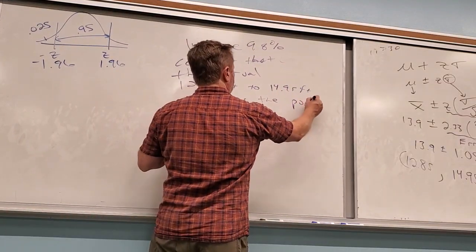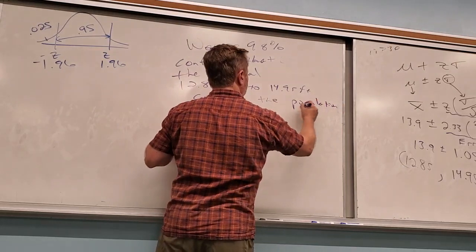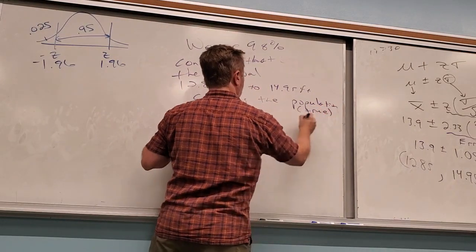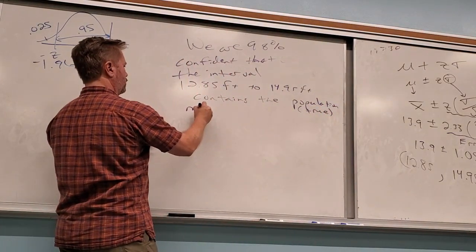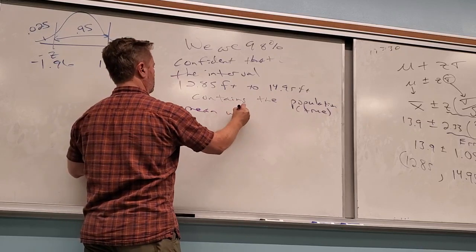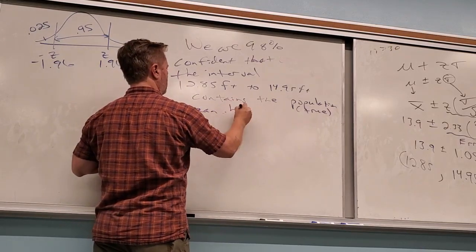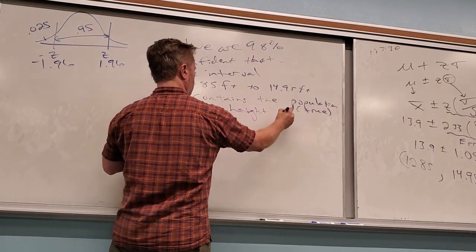So I'll just put population here, but I might say true instead. The population mean weight of trees in that area. Weight, height. I'm thinking about the spiders.